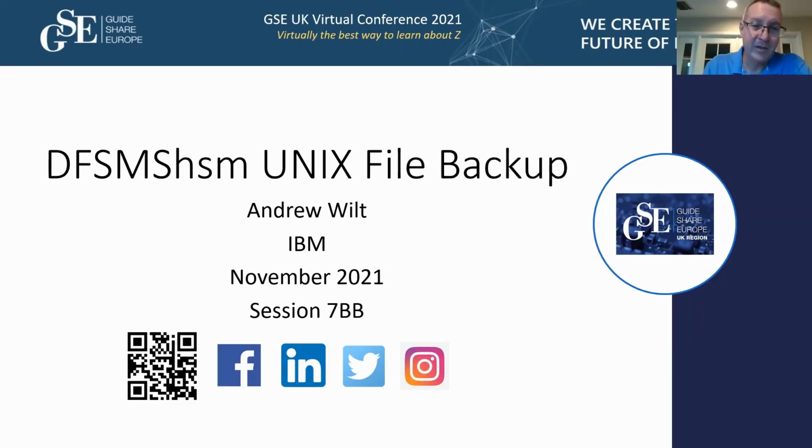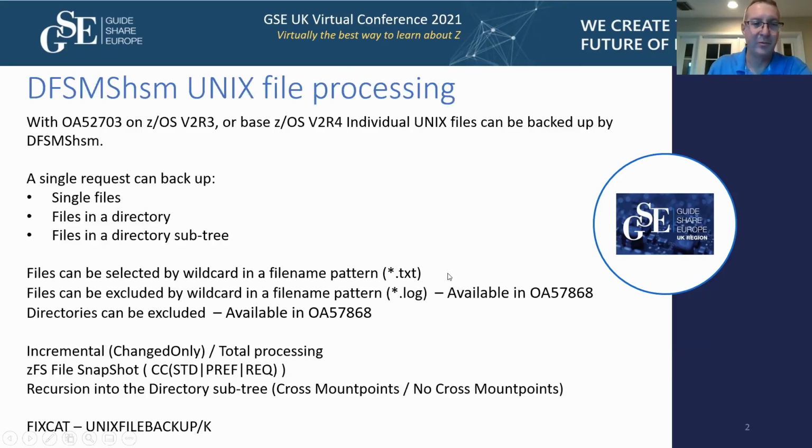So today I'm going to talk about the Unix file backup processing in HSM and all the new things that have been added since we last talked to you about it. Last time, in 2019, I came and spoke.